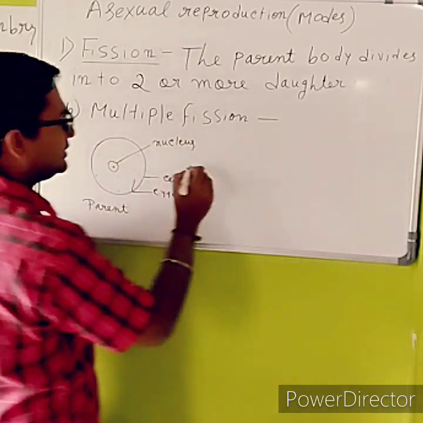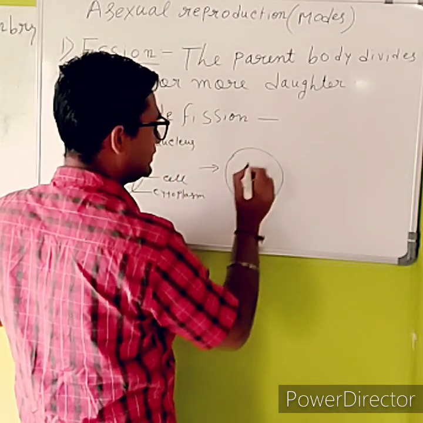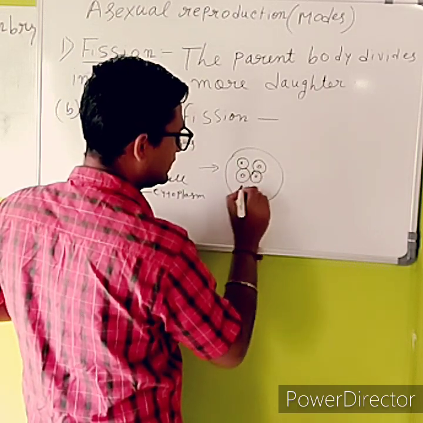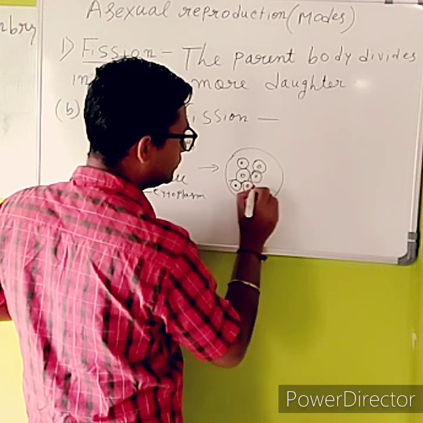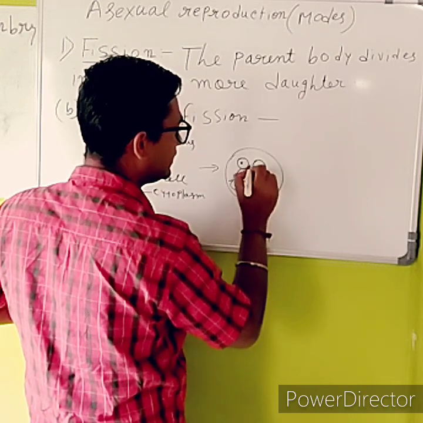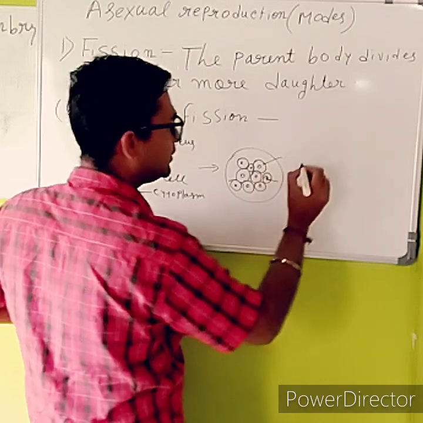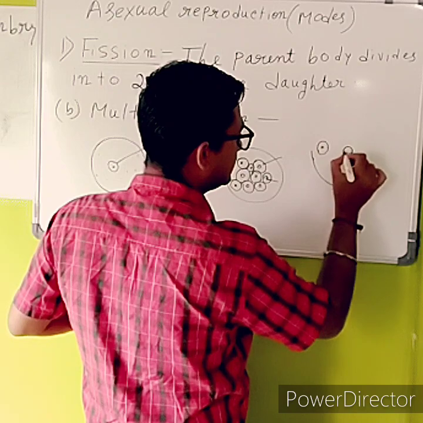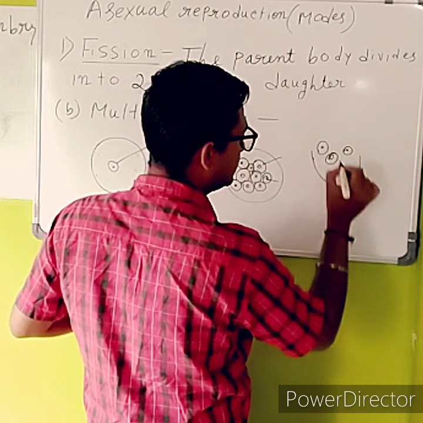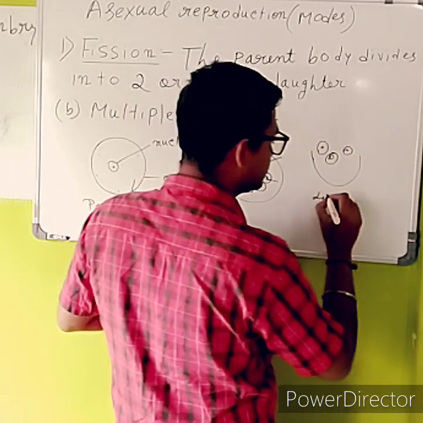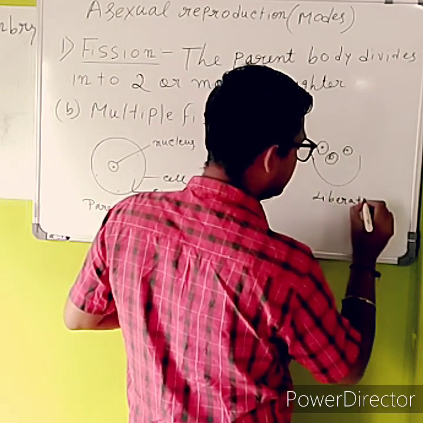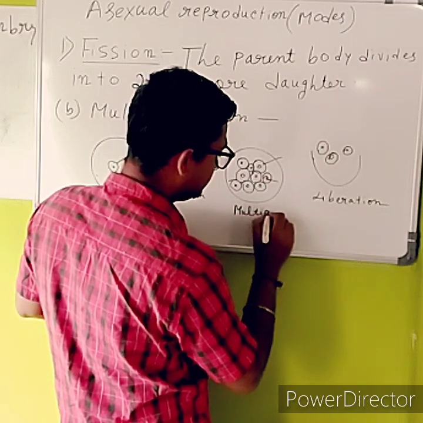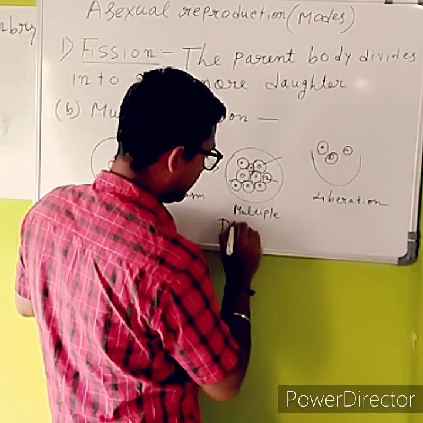The parent nucleus now repeatedly divides several times, and after rupturing the parent wall, they become liberated and give rise to new individuals.